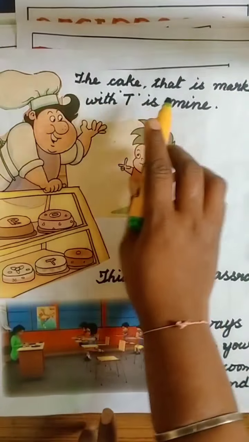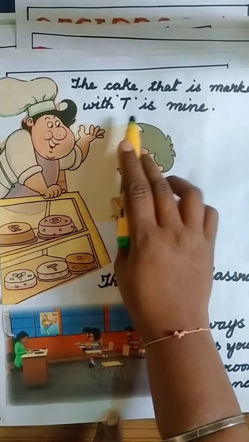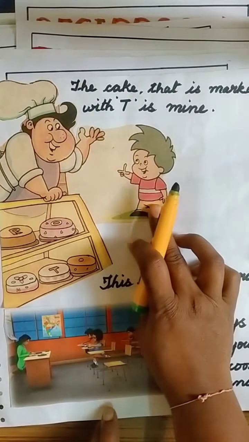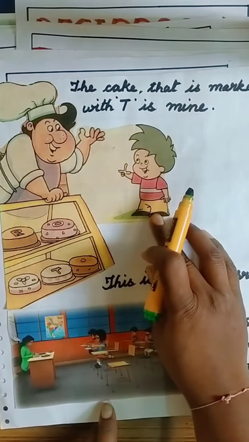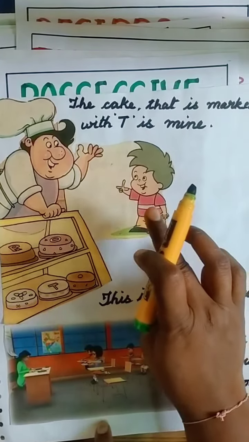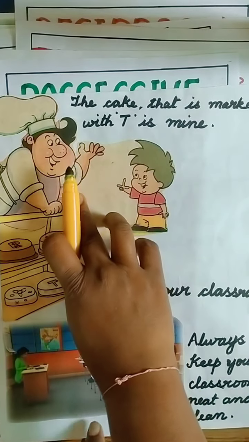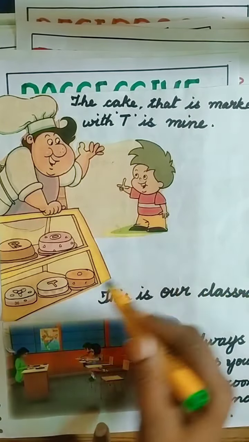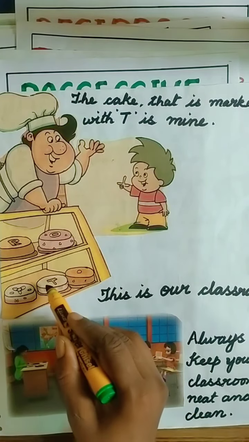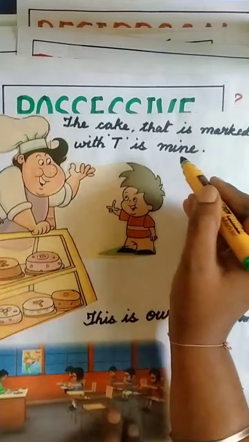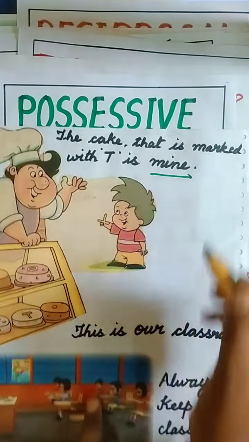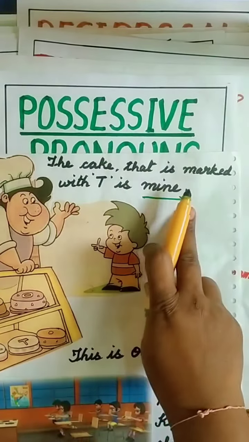The cake that is marked with T is mine. The boy went to a bakery and says that he has given the order for a cake, and he says to the baker that the cake which is marked with T is mine. So here the possessive pronoun is the word mine.